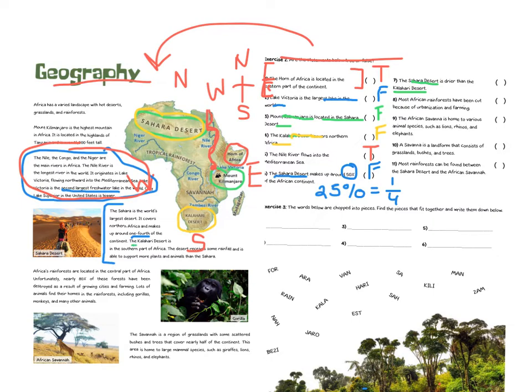The Kalahari Desert is in the southern part of Africa. The desert receives some rainfall and is able to support more plants and animals than the Sahara. So it sounds like the Kalahari is wetter. So that would make sense that the Sahara Desert is drier. Yes, it is drier, so that would be true.